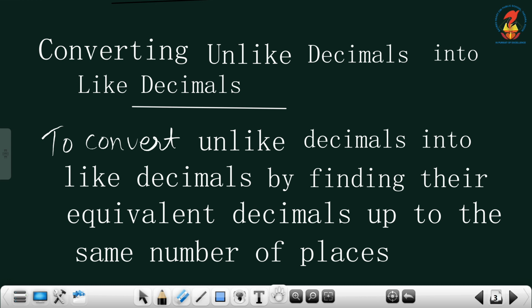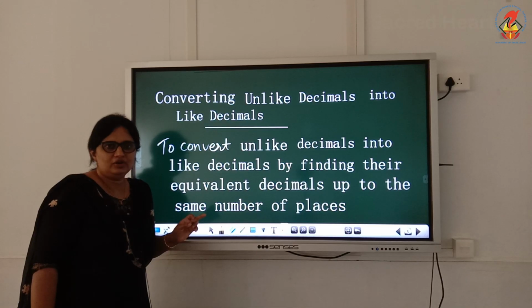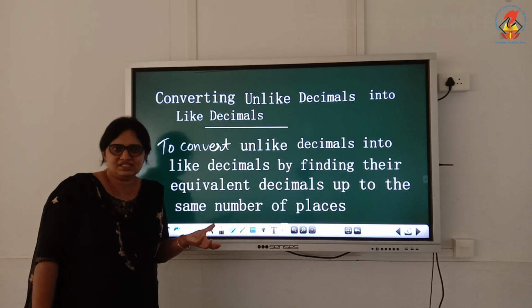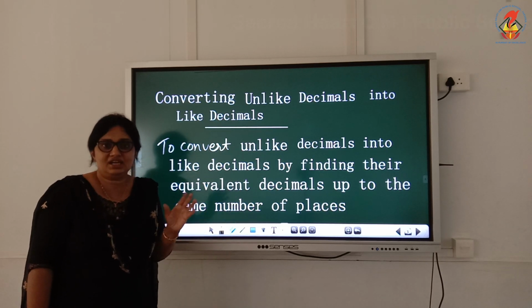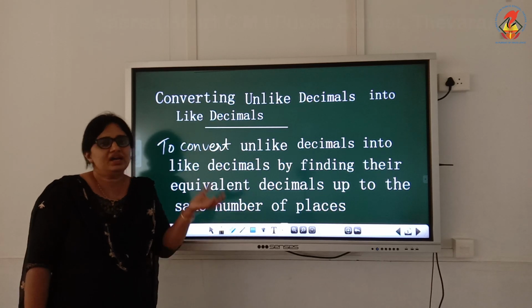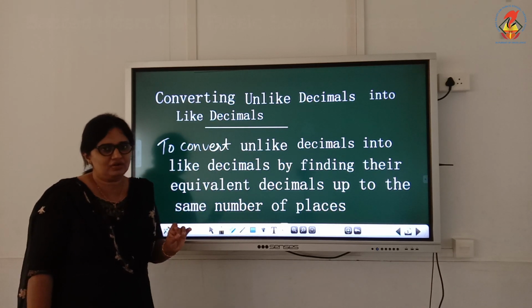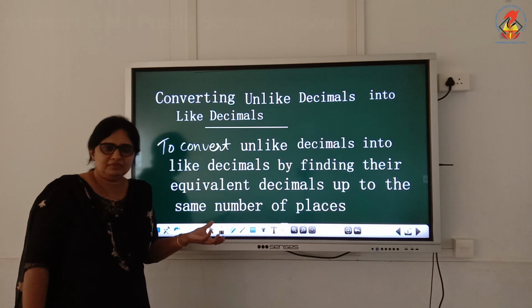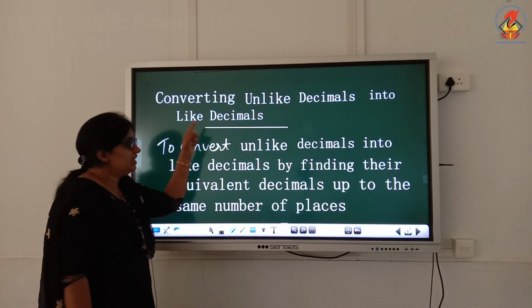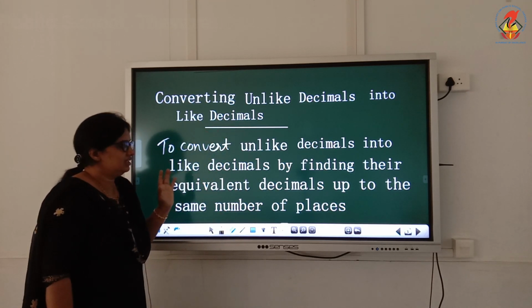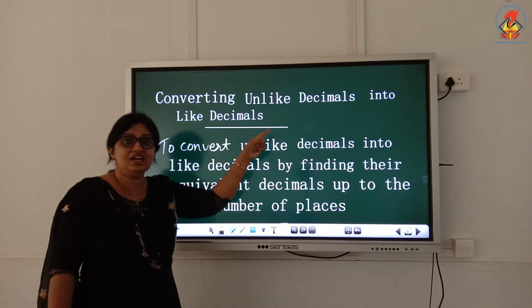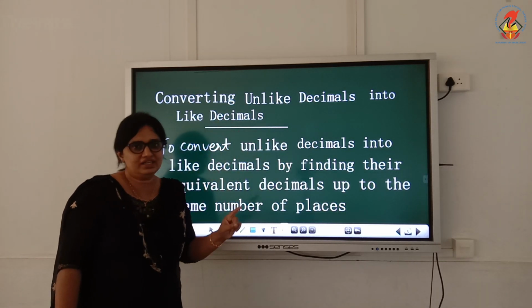Okay. And the next one, I will tell you how to convert unlike decimals to like decimals. Do you know what are like decimals? The decimals that are having the same number of decimal places are called like decimals, and different number of decimal places are called unlike decimals. I will teach you how to convert unlike decimals to like decimals.